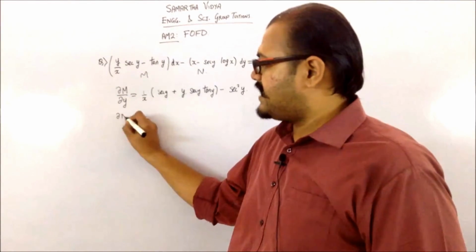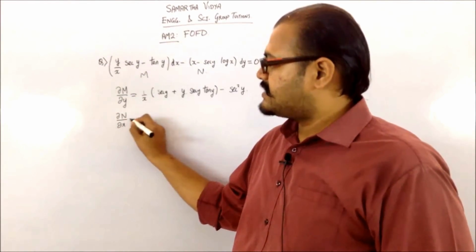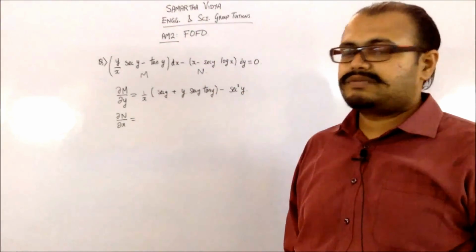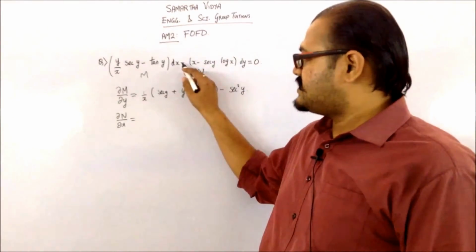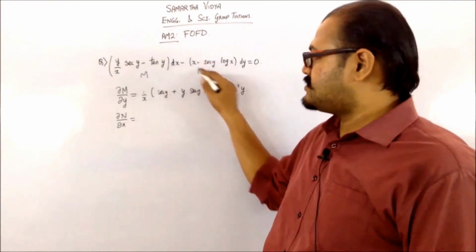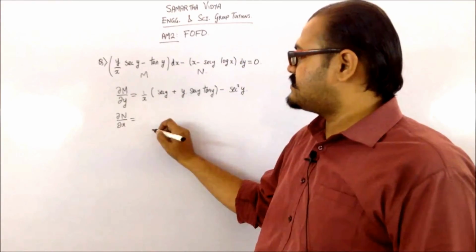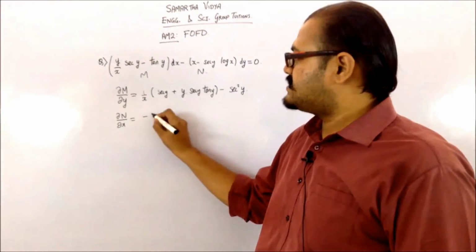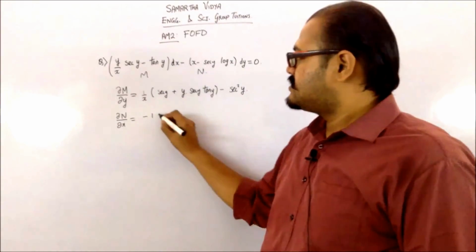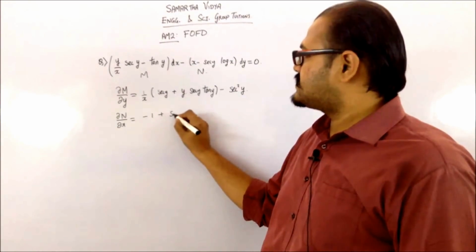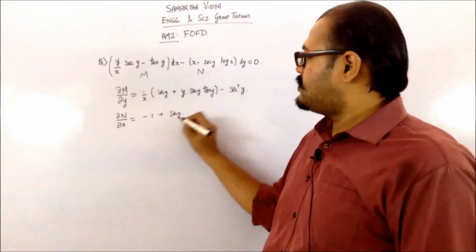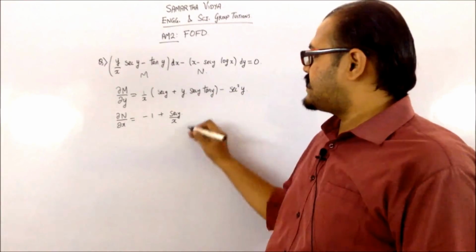Then coming to dou N by dou x, that is the derivative of N with respect to x. You can see that N is nothing but the minus of this term. So when you take the derivative, it is minus 1 plus sec y into the derivative of log, which is 1 by x, and that's it.